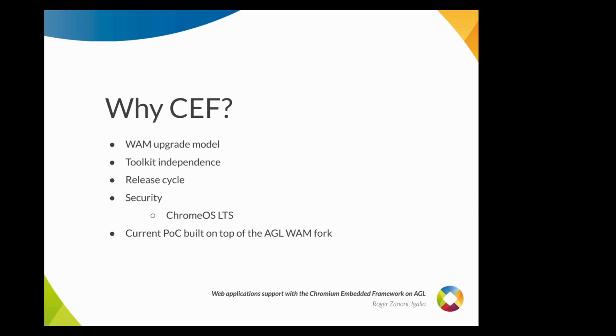So basically our updates on the AGL side would be only bumping the Chromium revision with a minimum delta. And we could track both the LTS milestone and the current stable milestone. So when we upgrade from an LTS milestone to a new one, we are not going to have a big delta as well.